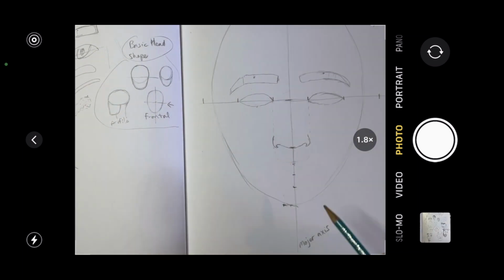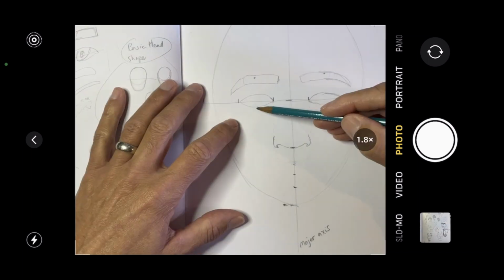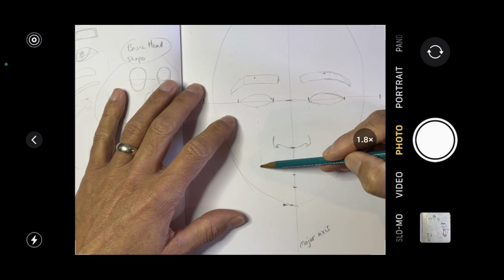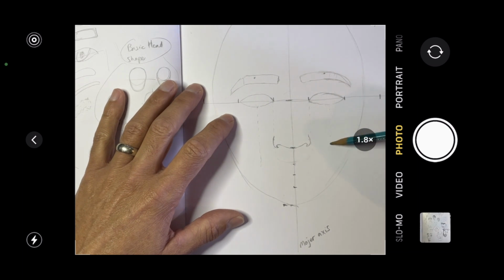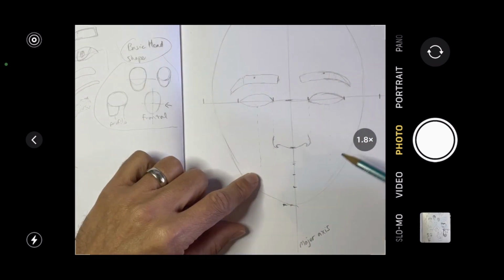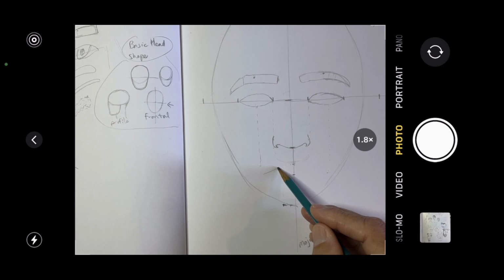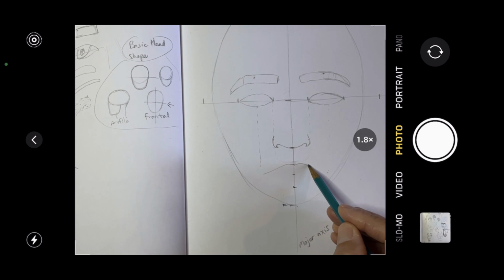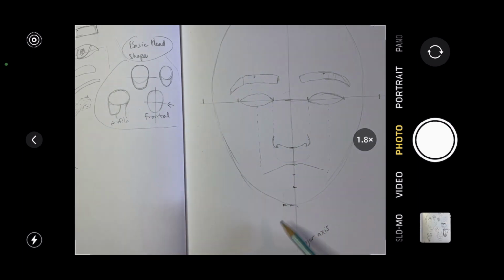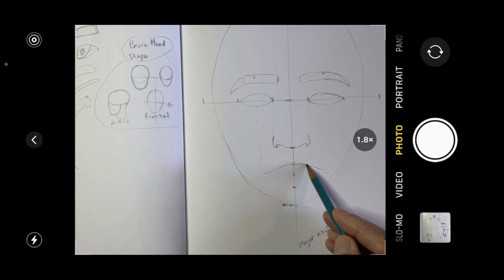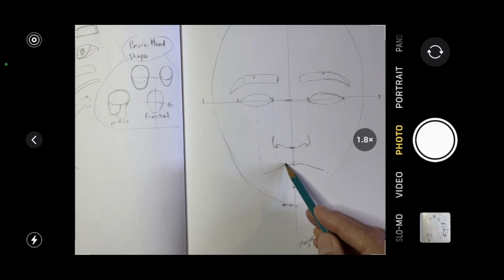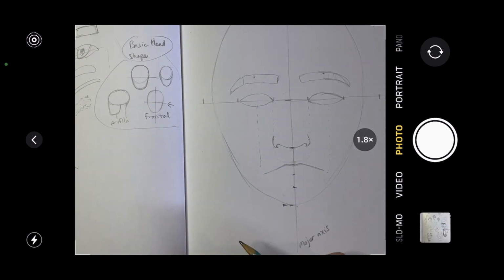And the next question is how wide? The middle of the eyes is what you want to compare when placing the corners of the mouth. Okay, so here I go. I'm not going to go all the way out. Instead, I'm going to start a little bit in and stretch it out like that. So I got this stretched out M, not too pointy of a Cupid's bow.